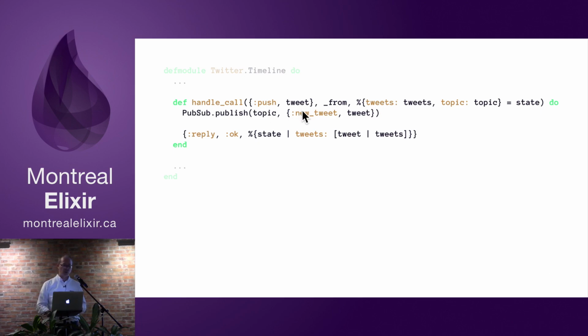And this is where we're just publishing the new tweet we just got. So we call pub/sub, publish on the topic, the new tweet and the tweet we got. And since we want to keep a list of all those tweets, we need to change the state. So we need to add the tweet to the tweets we already have in the state. So this is all done here in this function here.